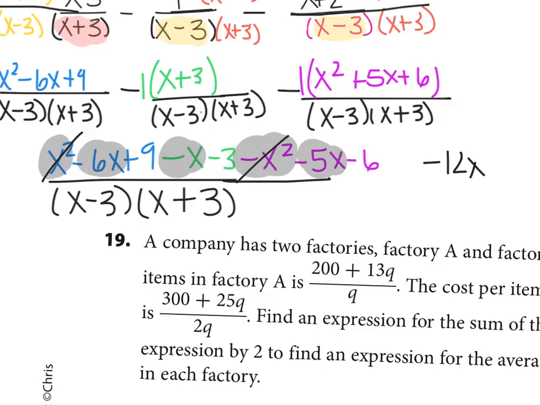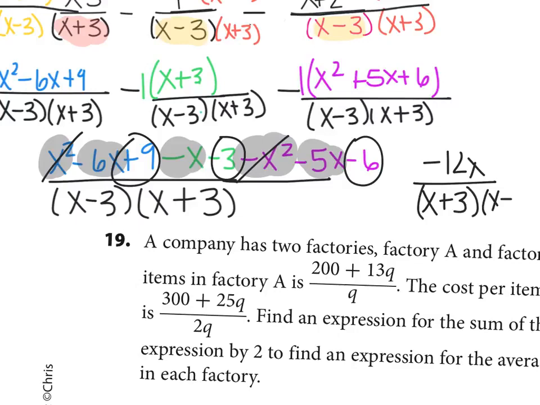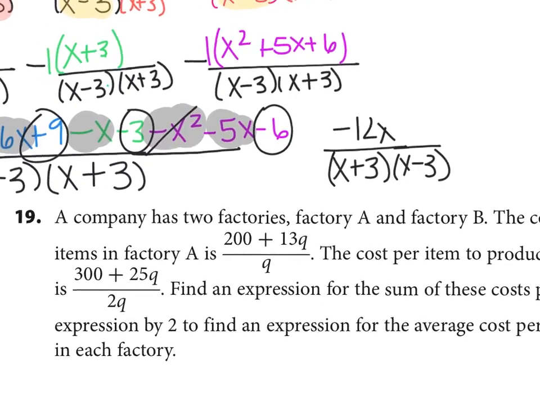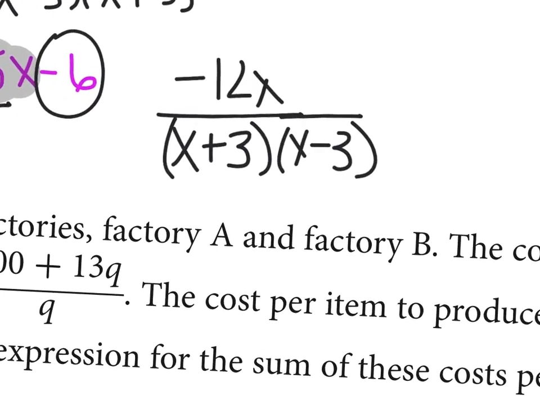We also have the plus 9, the minus 3, and the minus 6. Well, 9 minus 3 minus 6, those cancel too. So I'm just left with negative 12x divided by x plus 3 times x minus 3. So a problem that looked really complicated really didn't turn out all that bad when you look at what the final answer is.